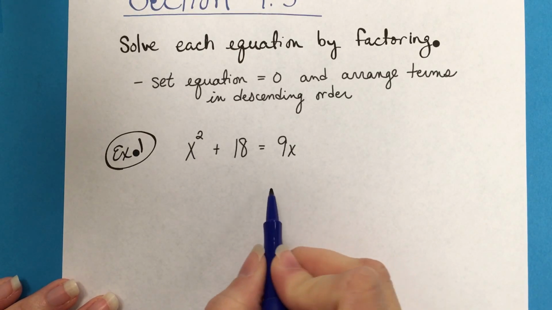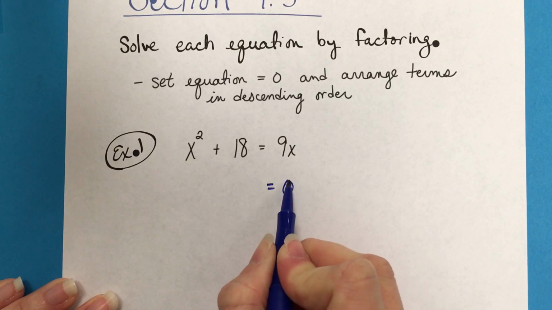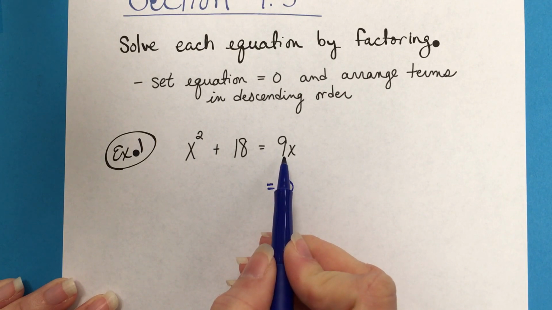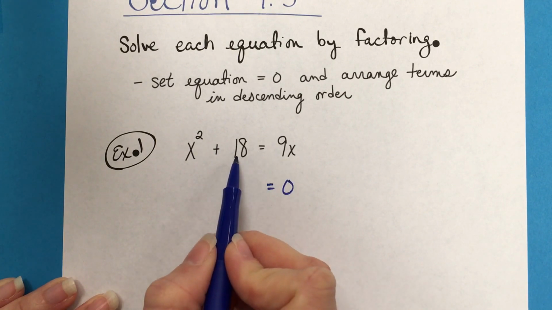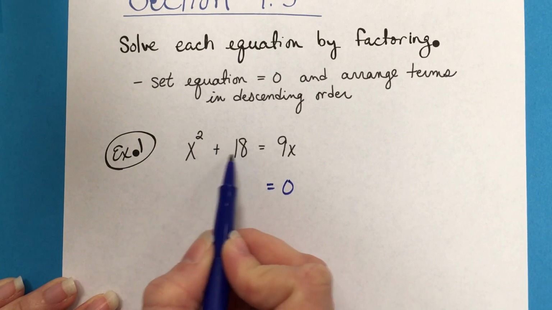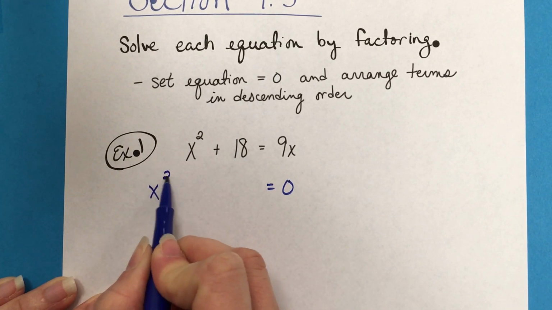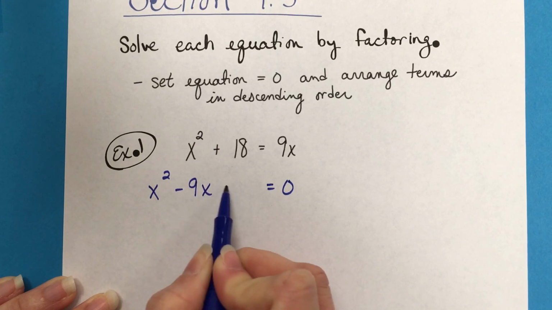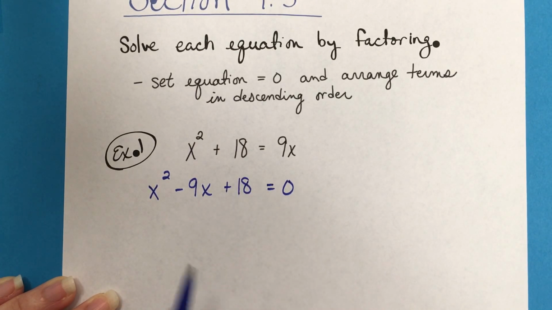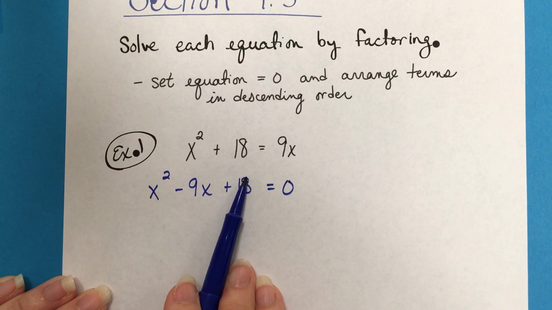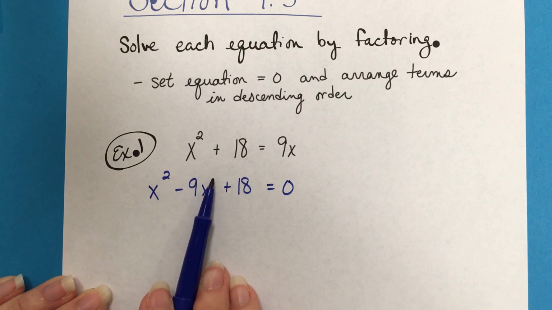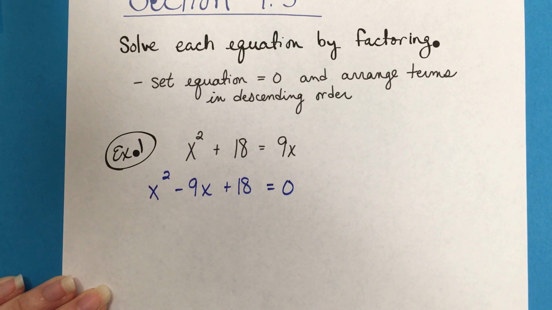If I need this to be set equal to 0, that means that I need to subtract my 9x. Now that's not going to combine with either one of these terms though, because they're not like terms, but you would want to put that as your middle term, because as I mentioned, you want this to be in descending order. So second power, first power, constant, okay?